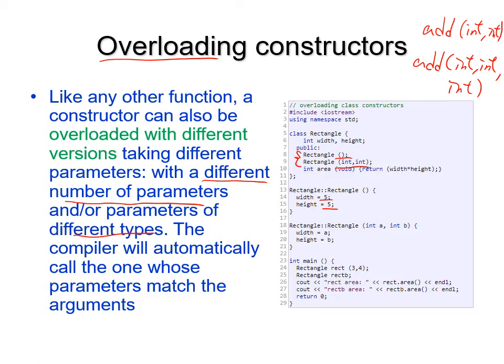But for the constructor with 2 parameters, they will substitute a equal to width and b equal to height. Okay. Now you can see we can declare the objects in your main function using these 2 constructors. The first one you are passing 2 data values. The other one only uses the default constructor.